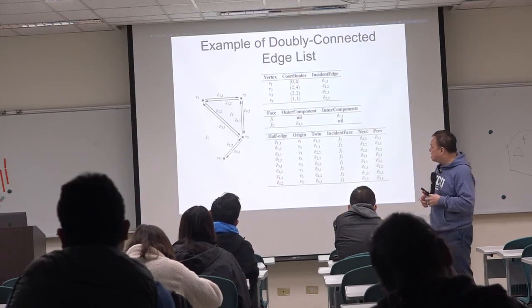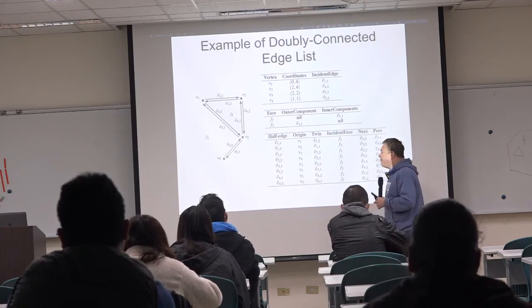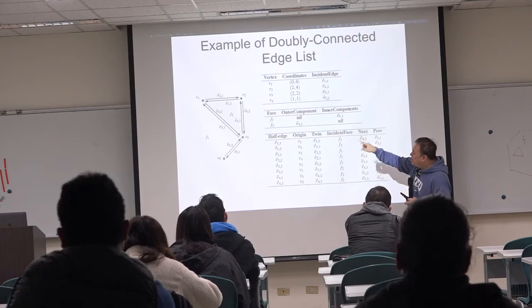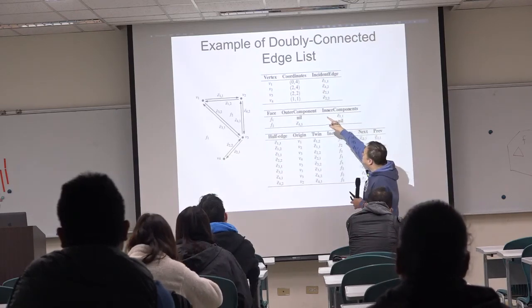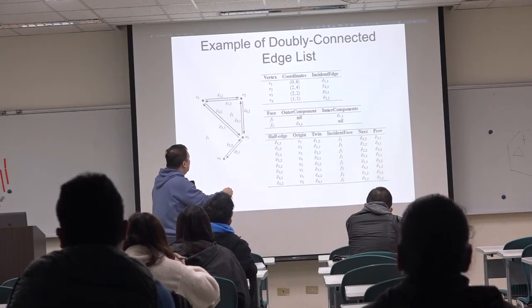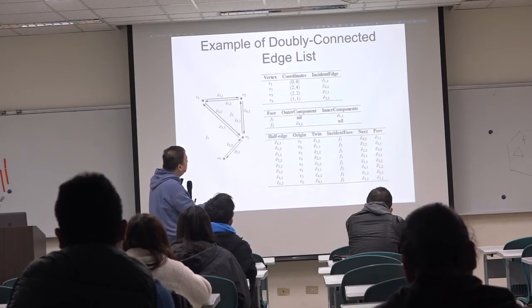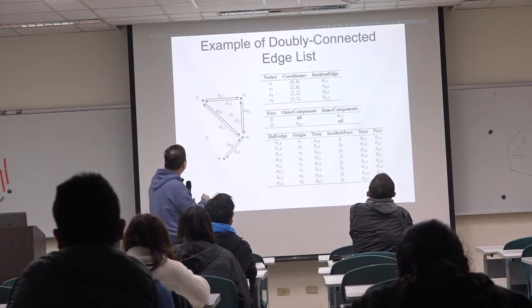So in this case, how many faces do we have? First, let's look at the vertices. We have 1, 2, 3, 4. We have 4 vertices, so we have 4 vertex records, and their coordinates as well as their incident edges. You can check, for example, V2 is here.